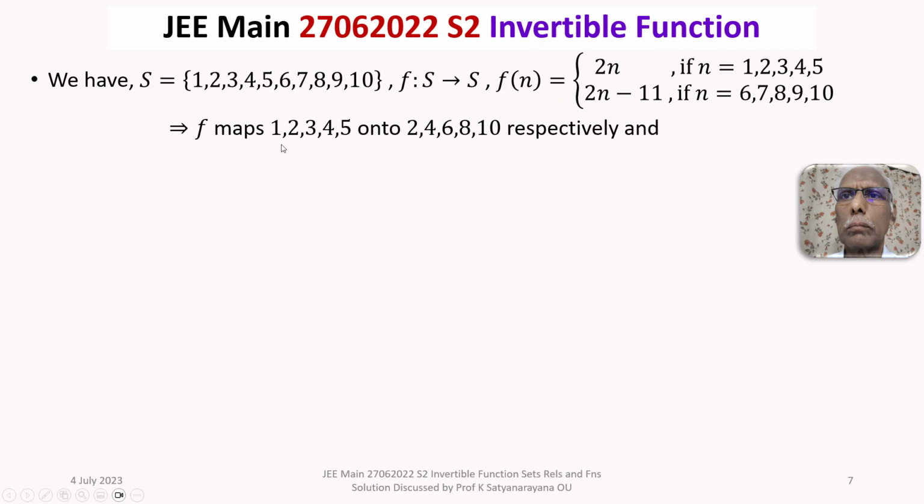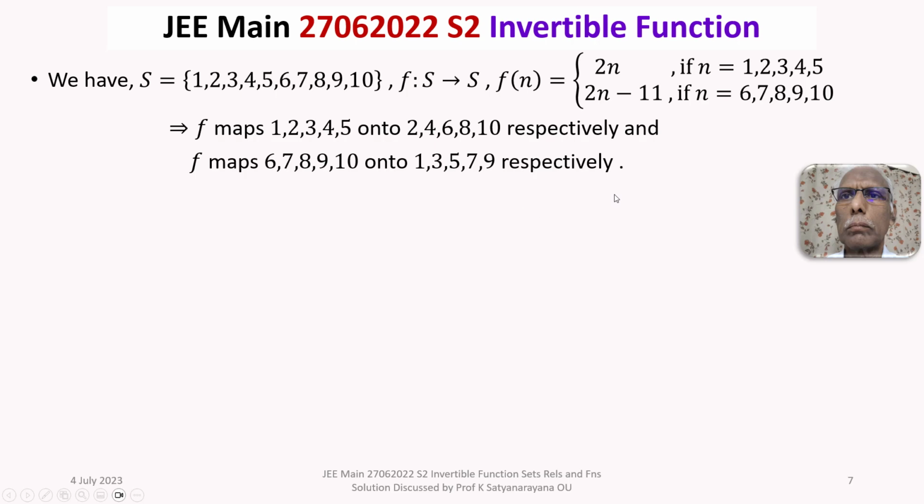So f maps 1, 2, 3, 4, 5 onto 2, 4, 6, 8, 10 respectively. In the next case, 2n minus 11, when n is equal to 6, 2 sixes are 12 minus 11, 1. 2 sevens are 14 minus 11, 3. So f maps 6, 7, 8, 9, 10 onto 1, 3, 5, 7, 9.